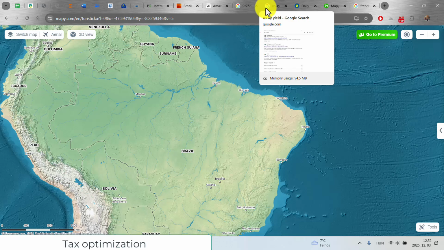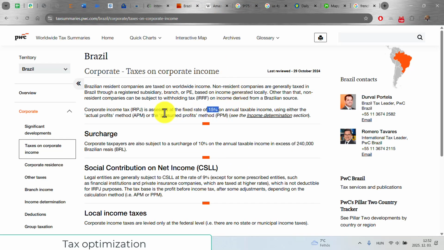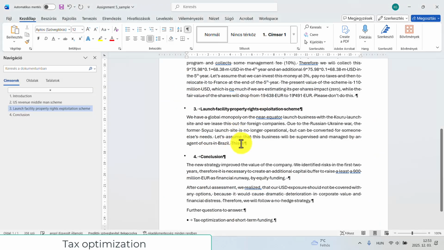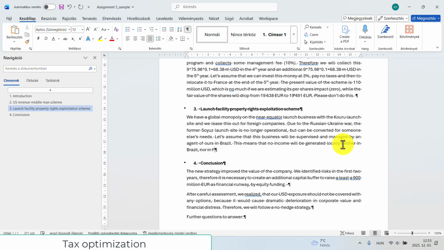So in this case, this means that no income will be generated locally, neither in Brazil nor in France.